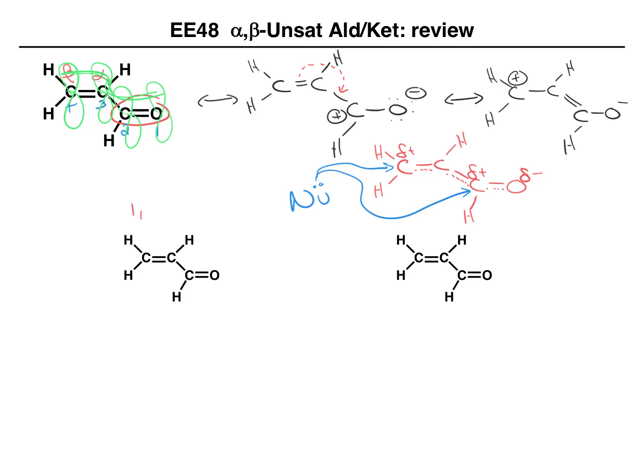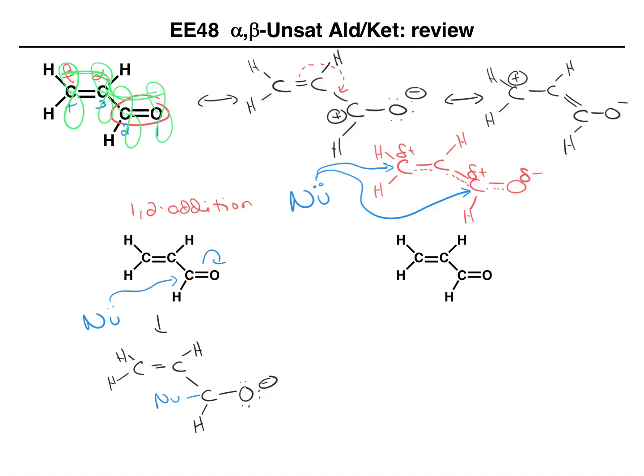So if we have 1,2 addition, then our nucleophile adds to the carbonyl carbon, pushing these electrons up onto the oxygen. So our alkene isn't changed. Here we have an O-, this H is still here, but now our nucleophile has added.